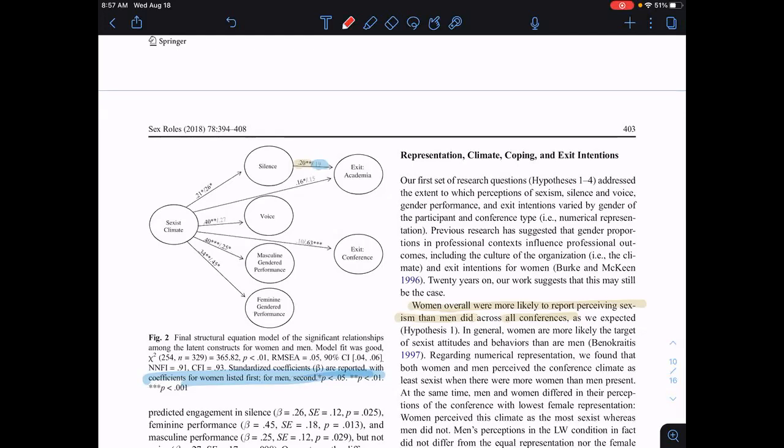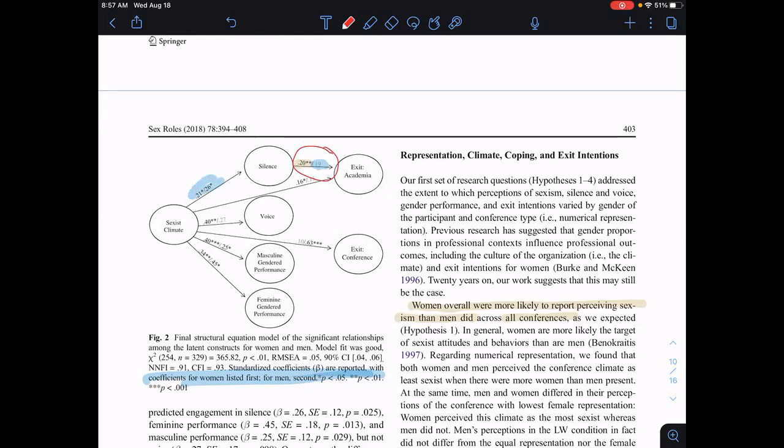For women and men, sexist climate predicts silence, okay, for both women and men, but it only predicts exit of academia for women.